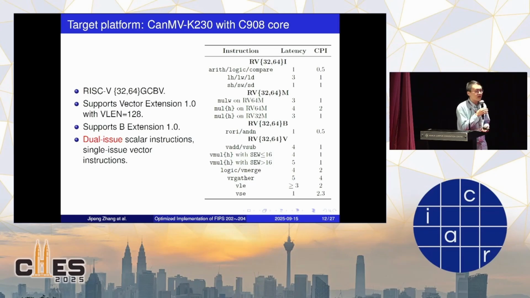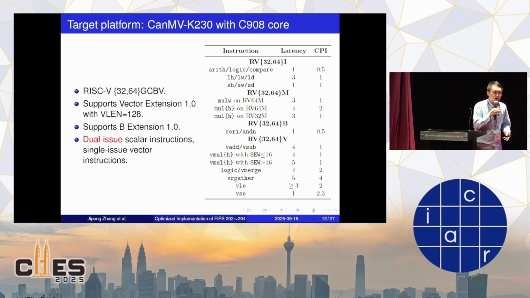This is the targeted platform in this work. It supports both 32-bit and 64-bit execution states and supports the GCBV ISA combinations. Regarding the V extension, the vector length is 128-bit, something similar to the ARM Neon.